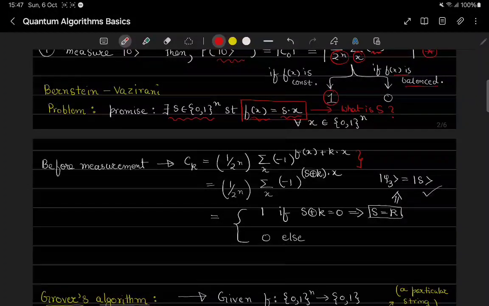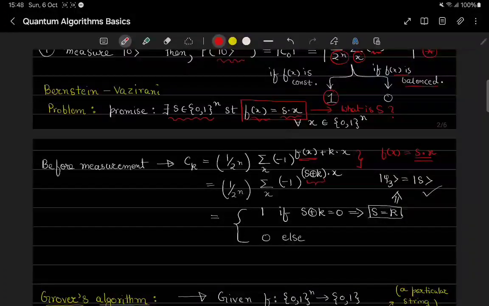Now I use the fact that the promise is that the function is s dot x. So f of x is s dot x. Then this means I have s XOR k, dotted with x.